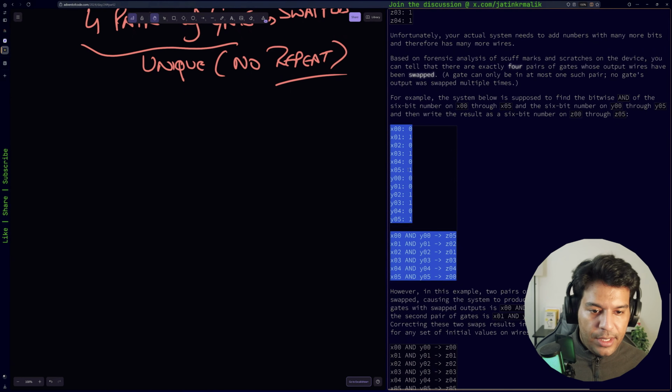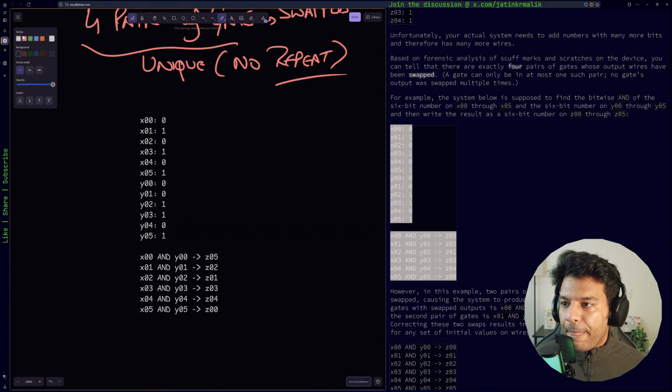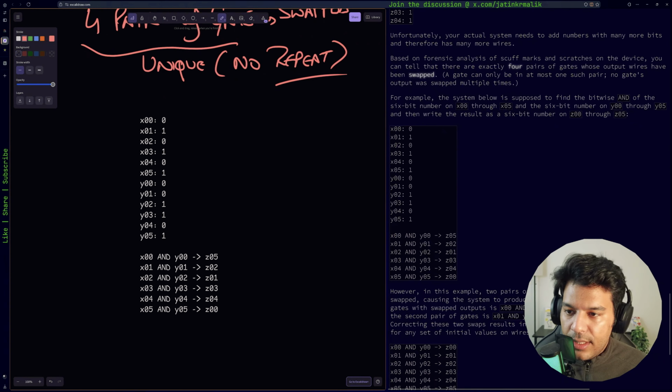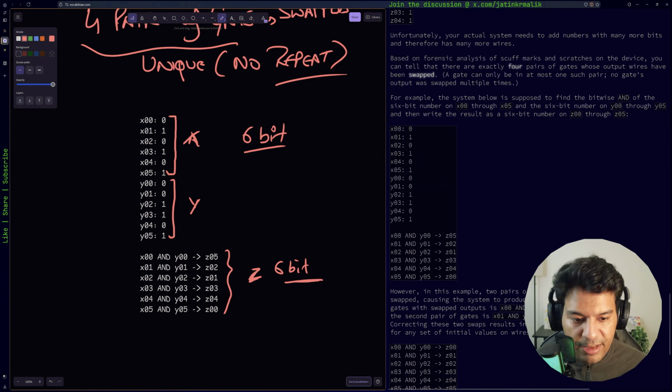And if I copy this here, we are given one binary number which is x00 to x05, let's say X, and then we are given another number which is Y, and this is a 6-bit number. Then we are doing some calculations here to get the output of Z, which is also a 6-bit number, it seems, because we have Z00 to Z05.